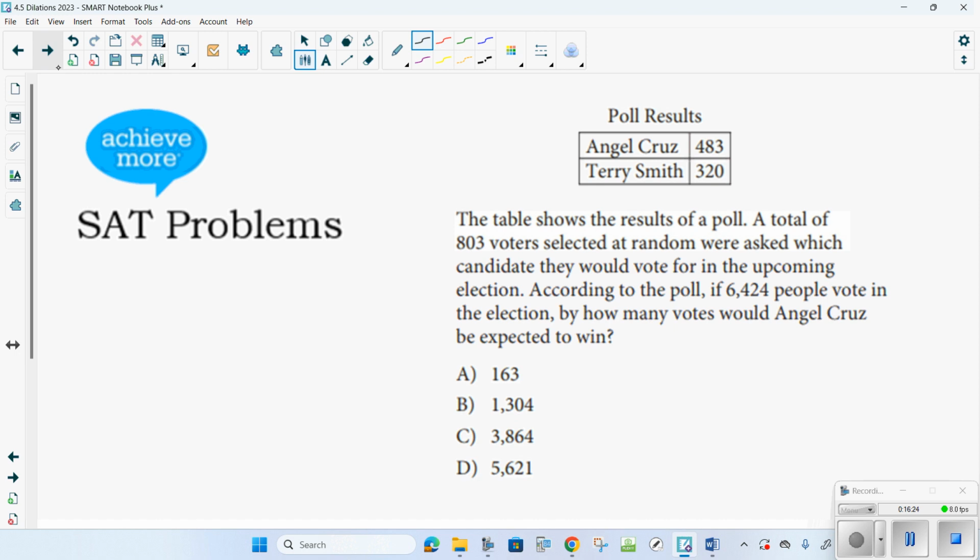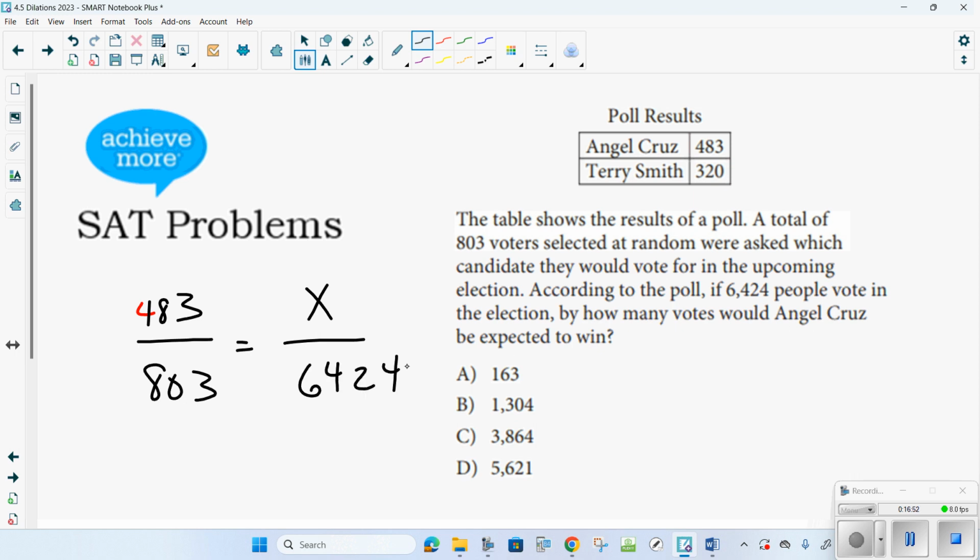notice the ratio if you only looked at 803. So the ratio for that situation, and now we're going to expand that to all voters. I like to consider this a proportion. So if we have 483 voters out of the 803 voters, then how many voters should we expect out of 6,424?